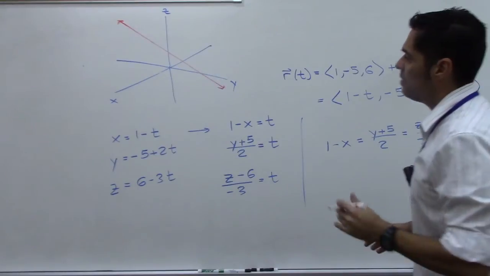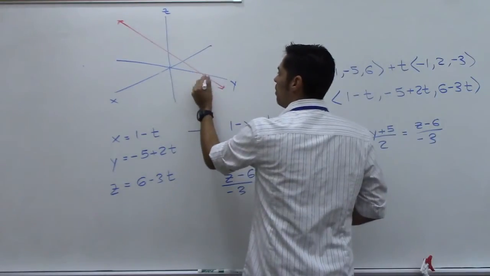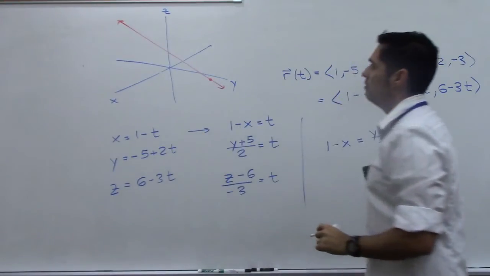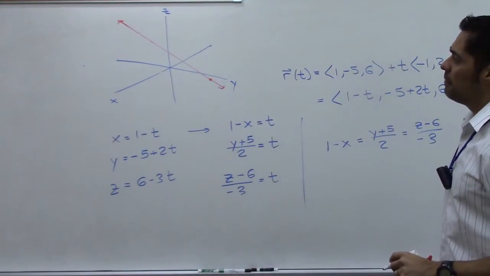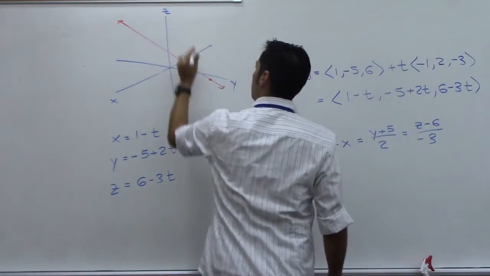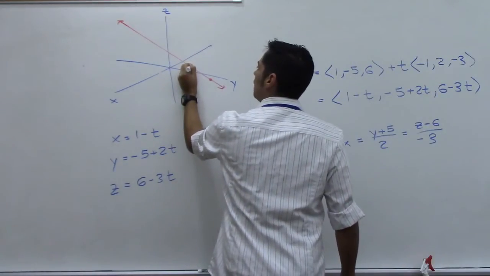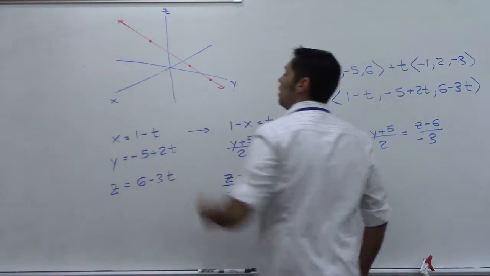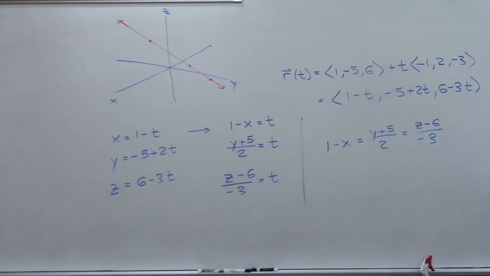And it hits the ground, the xy plane, somewhere. I'm just going to kind of guess here. It hits the ground there. It hits the yz plane somewhere. And then it hits this wall, the xz plane, somewhere. I don't know. We need to find out where those points are.